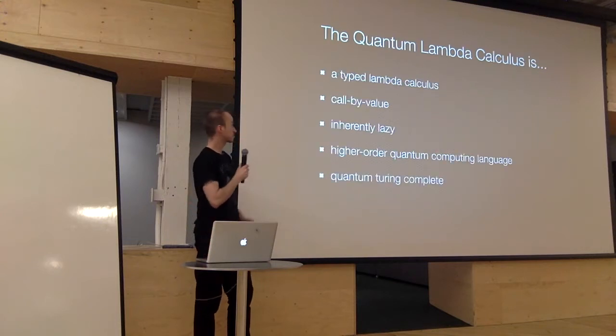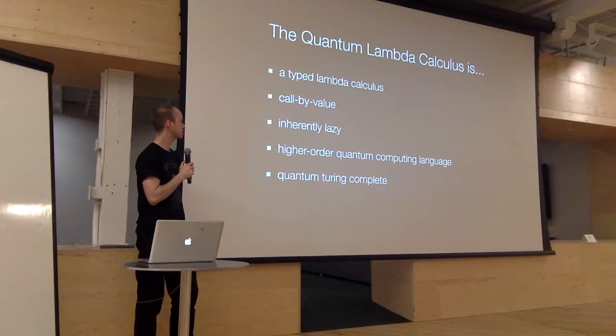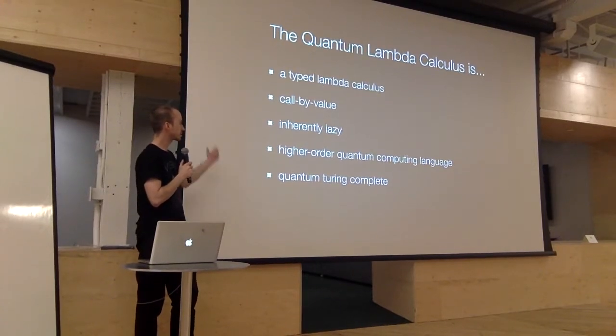So what is the quantum lambda calculus? It's a strongly typed lambda calculus. It's a call by value language, so everything has to be evaluated before it's passed to its function. It's inherently lazy, which is very useful for quantum computation. It's a higher order quantum computing language, obviously.